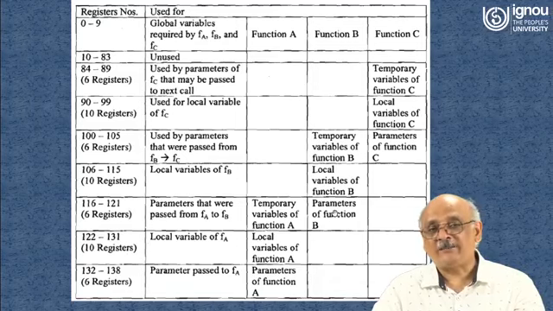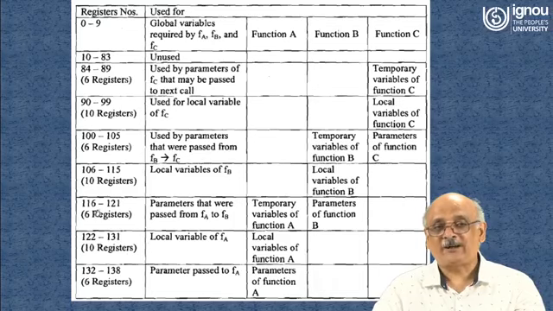Function A calls function B, and it knows my values are here, in registers 116 to 121. So there is no physical movement except that before calling, it moved some value over here, and thereafter the call is seamless. The call to function B is seamless because there is no need to transfer, as the values are already in the required registers.